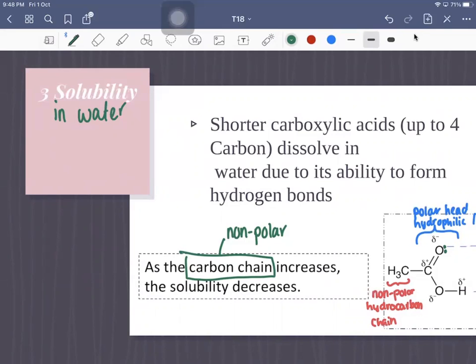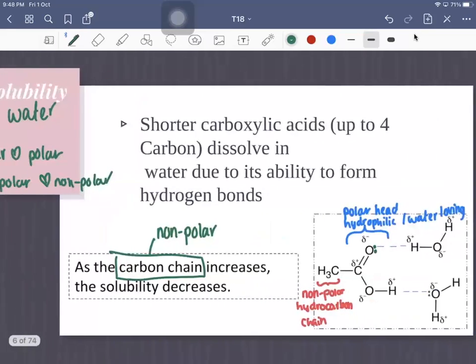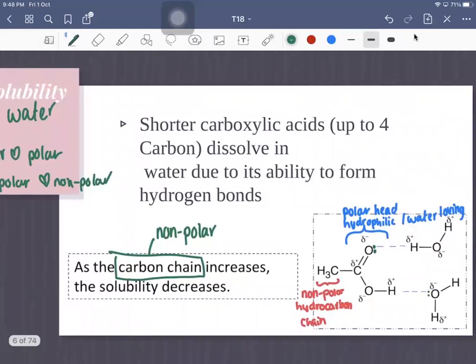It's a different story if we talk about solubility in organic reagents. So just remember, when it comes to solubility, polar loves polar and nonpolar loves nonpolar. Okay, moving on.